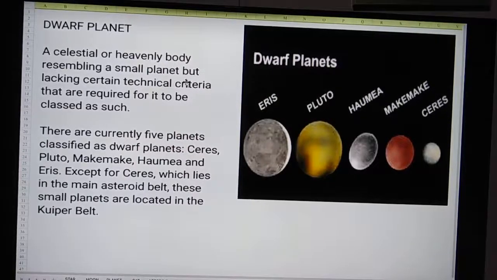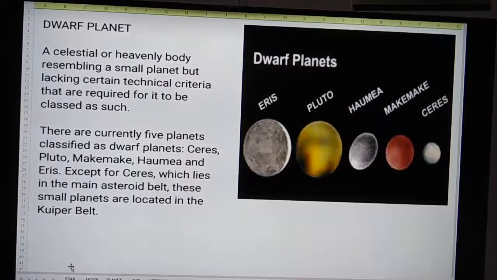So the criteria technically does not make them revolve around the sun. That's what we are trying to say. So we have Eris, we have Pluto, we have Haumea, we have Makemake. Sounds like a local word here, or make, double make. All right. So these are dwarf planets.